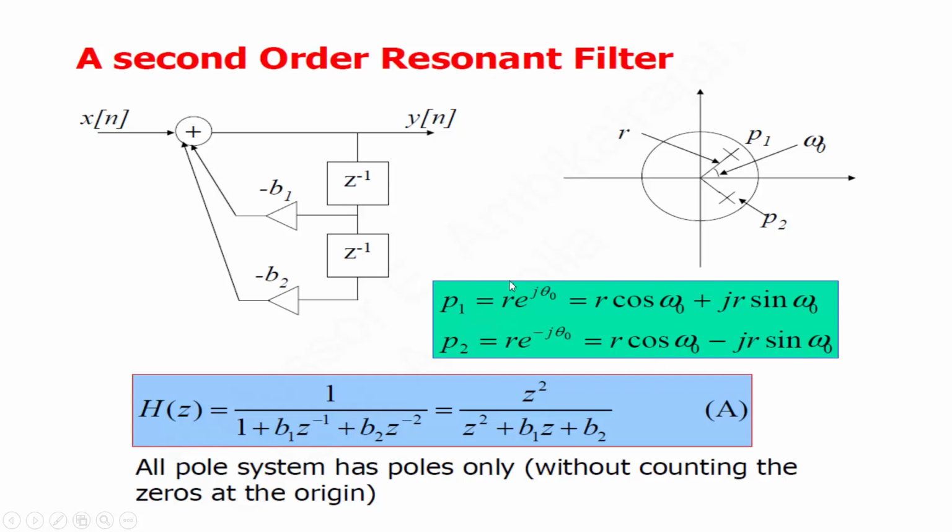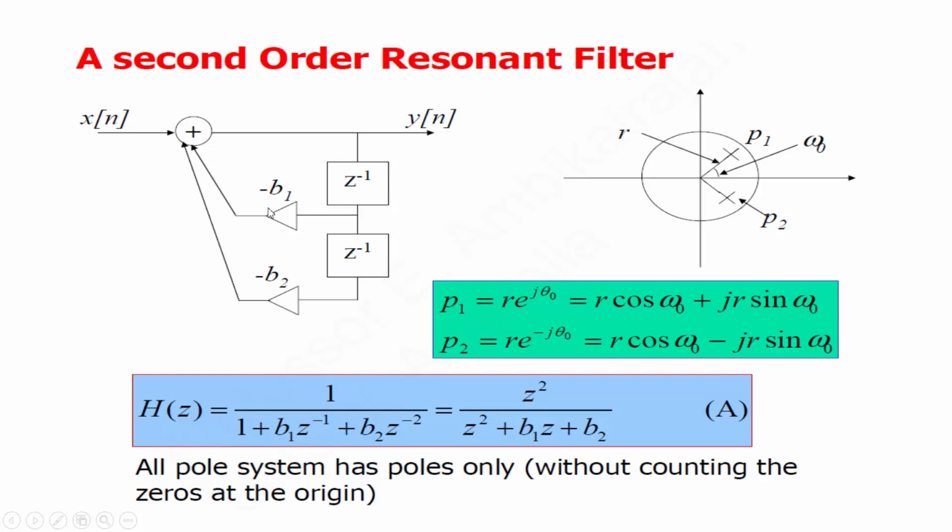Now this is a two pole system. If it is a two pole system, the structure of the system will look like this. It's an all pole system, only two poles are there. No zeros are there, no feed forward system, only a feedback system. So there will be two poles, one delayed by 1 unit of time, the other delayed by a second unit of time.